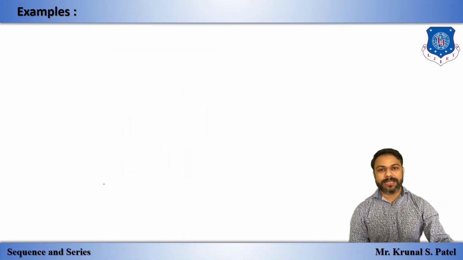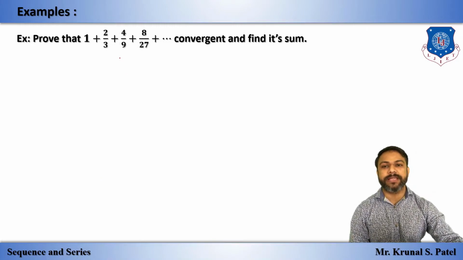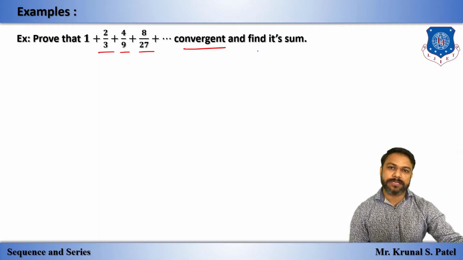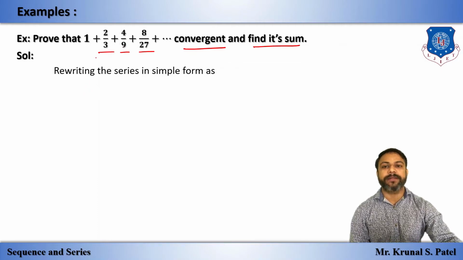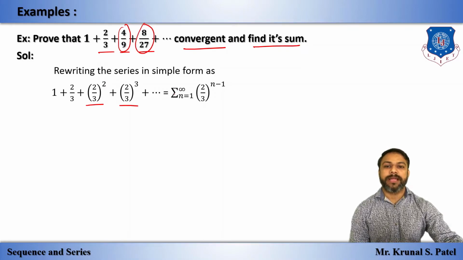Okay, now one more example. Prove that 1 plus 2 by 3 plus 4 by 9 plus 8 by 27 is convergent. Here we have to prove it is convergent, and if it is convergent, then we can find its sum. First we will write down the series in this form: 1 plus 2 by 3, then 4 by 9, that means 2 by 3 squared, then 2 by 3 whole cubed, and so on.